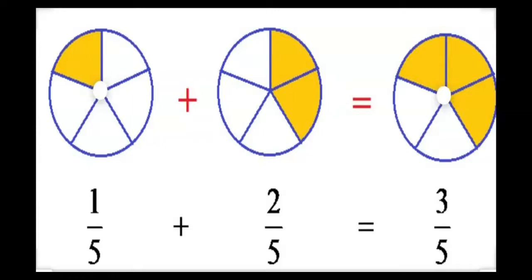Hence it is written as 1 upon 5. Plus the second fraction shows 2 parts shaded out of total 5 parts. So directly I can say my answer when I add these two units will be 3 parts shaded out of total 5 parts. So the denominator remains the same and I am just adding the numerator.